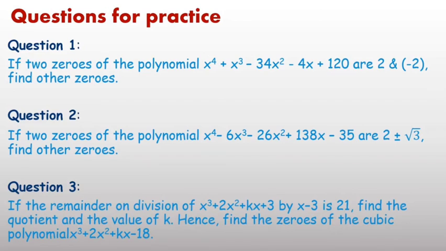And third question, if the remainder on division of a polynomial by x minus 3 is given as 21, find the quotient and the value of k, and hence find the zeros of the cubic polynomial x cube plus 2x square plus kx minus 18. Complete these questions and submit your answer.